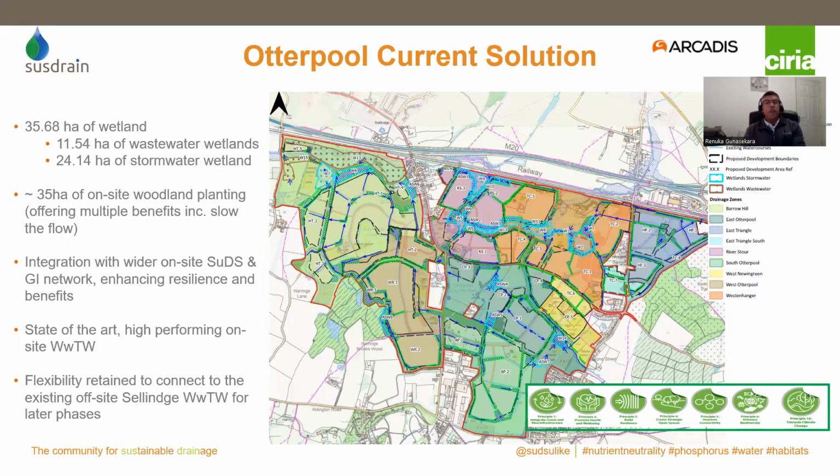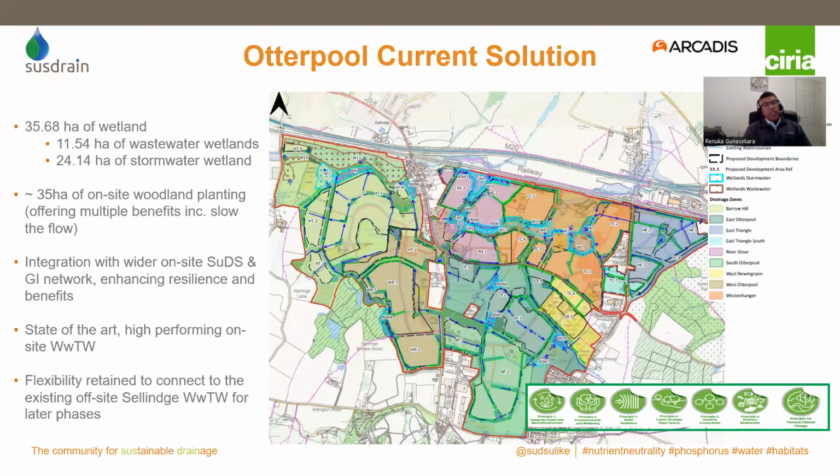Alongside that, we have the wastewater wetland. You can see along the northwest corner, that is where the on-site wastewater treatment will be located. So we have a number of wetlands to treat the nutrients from the on-site treatment works, and the two together give around 36 hectares of wetland.